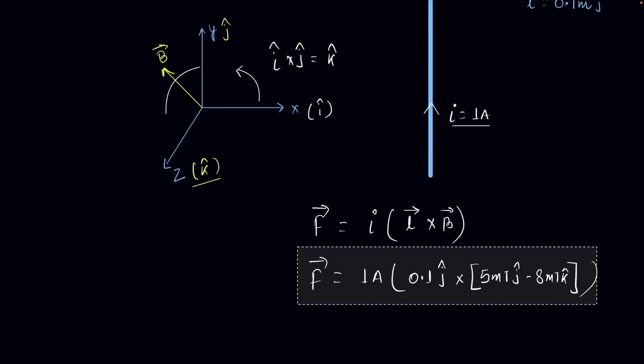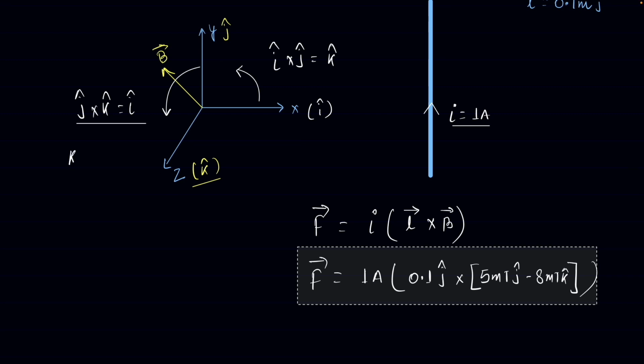Here again anti-clockwise, so j cap cross k cap is equal to i cap. Whichever two axes you multiply, the product will be the third axis, and if it is in the anti-clockwise direction, it is positive. If clockwise, it becomes negative.